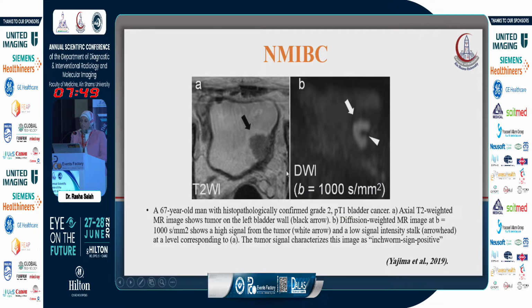Another example for non-muscle invasion is this patient showing T2 weighted image with edema at the muscle layer, and actually T2 can upgrade this lesion as an early muscle invasion. But when we look at the diffusion weighted image, there is an inchworm sign, which is characteristic for non-muscle invasive disease.